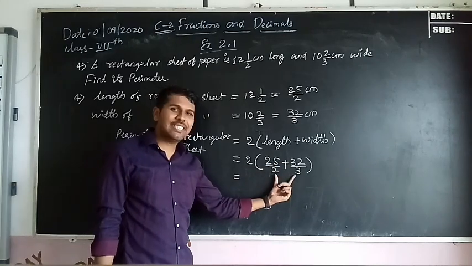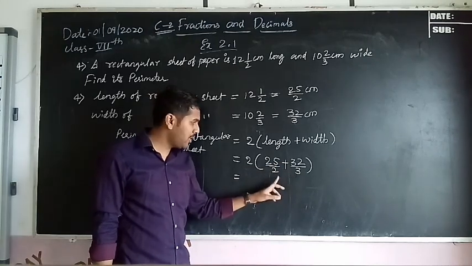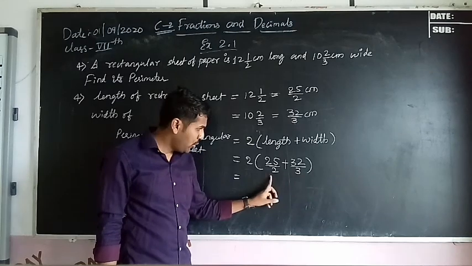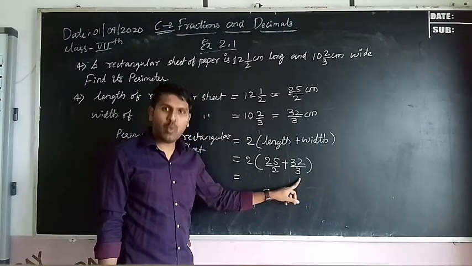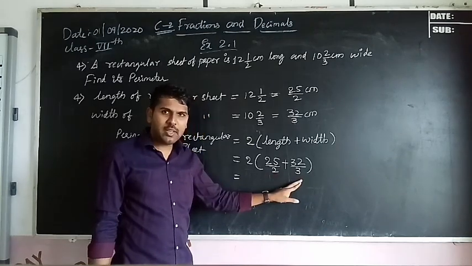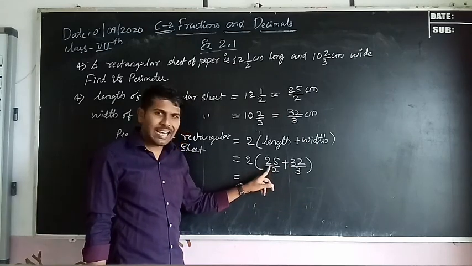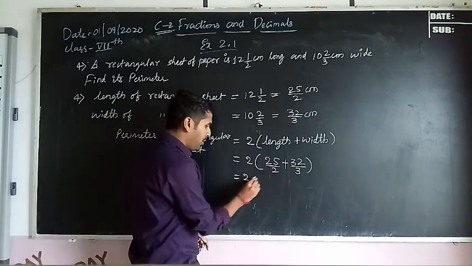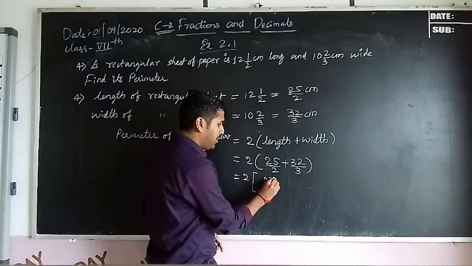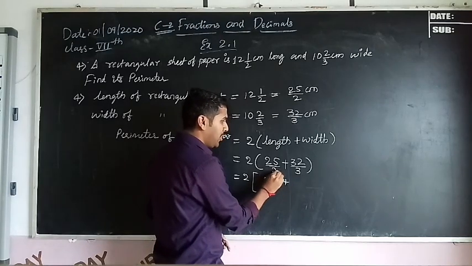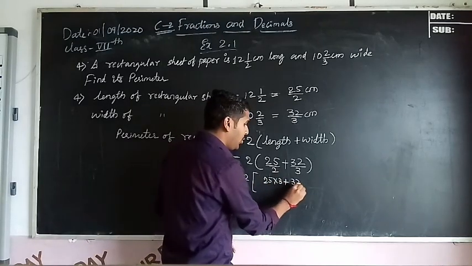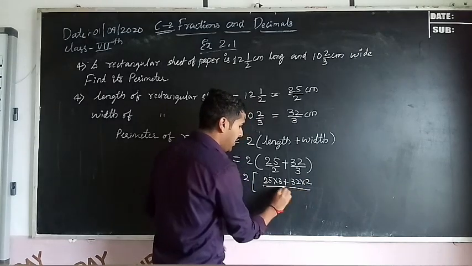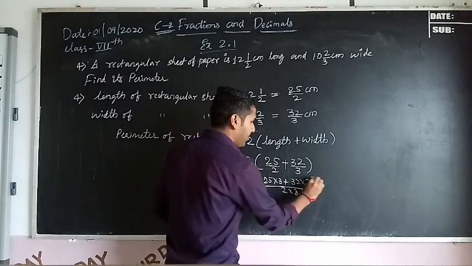Because if you take the LCM, you will get 6 only. Because there is no common number here, 2 and 3. Is there any common number except 1? If there is no common number, you can multiply directly here. Okay. 2 into bracket 25 into 3 plus 32 into 2, divided by 2 into 3.